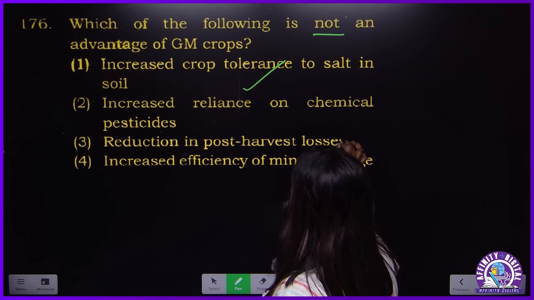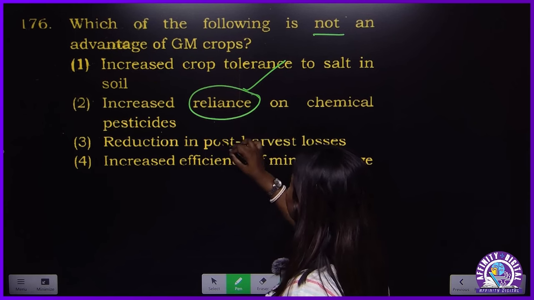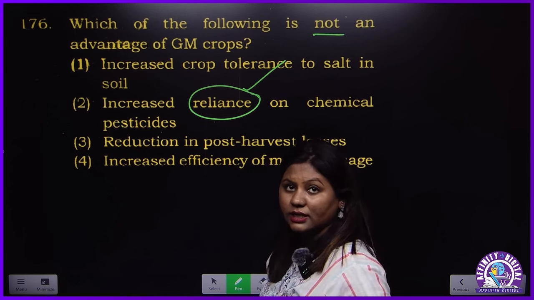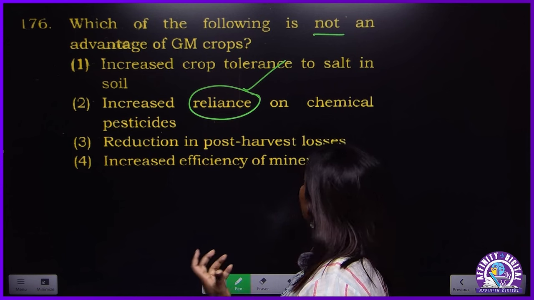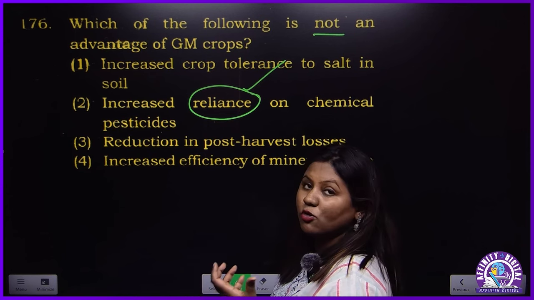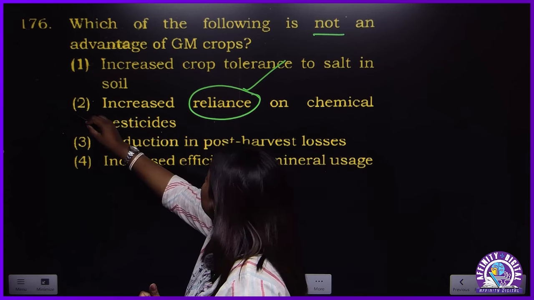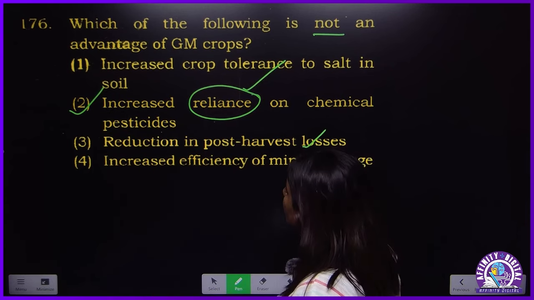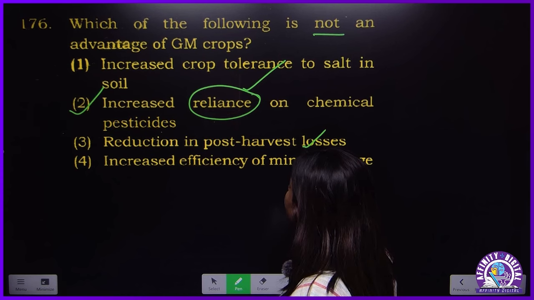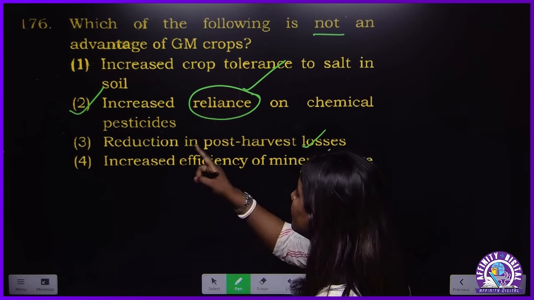Increased reliance on chemical pesticides, it is not an advantage. वो reliance नहीं करने देता है, क्रॉप को टॉलरेंस लेवल उसका बढ़ा देता है, वो किसी केमिकल या फिर पेस्टिसाइड्स के ऊपर डिपेंडेंट नहीं रहता है. So it is not the advantage. Reduction in the post harvest losses, true है, वो advantage है इसका. Increased efficiency of mineral usage, this is also correct. So we will go with the option 2.